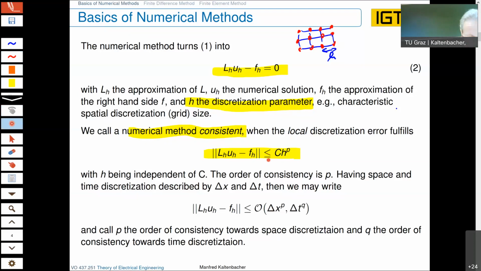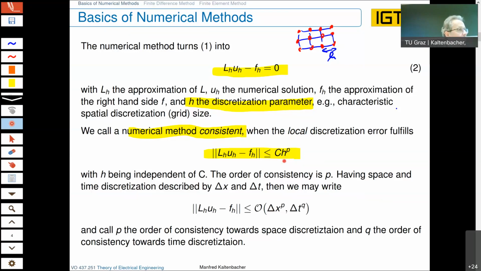That is important. And then you see h is the discretization parameter up to the power p. When you make h smaller, so you divide it by 2, and you square it, you have 1 over 4.